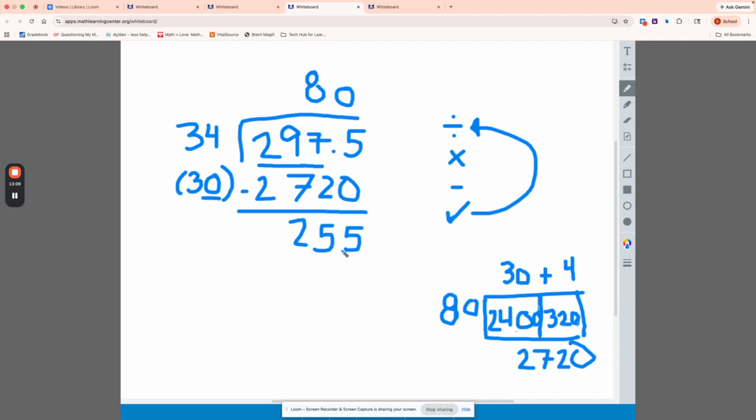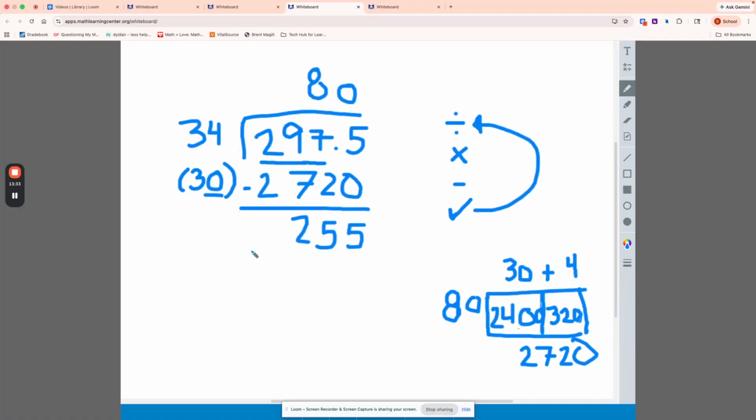And let's see, 255 ones. What times 30, again, is close to 255? Let's see. Well, 8 times 30 is 240, okay? Right? 8 times 3 is 24.